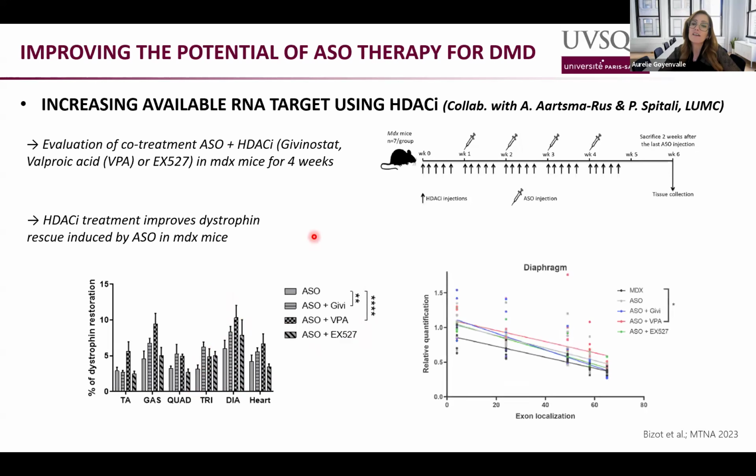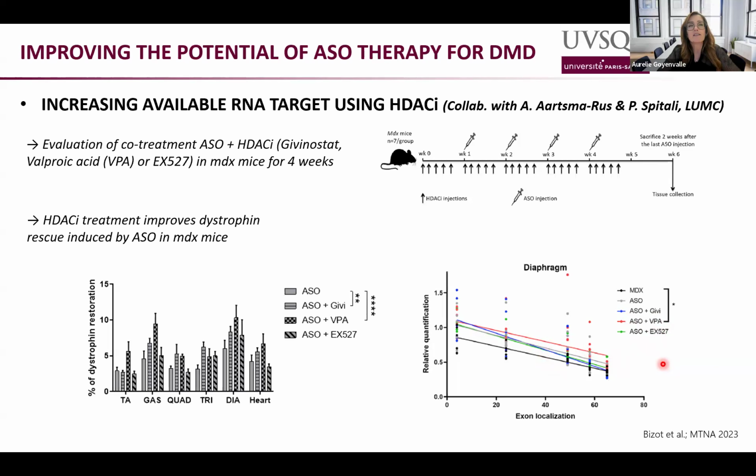And if we looked at the 5' 3' imbalance, we were able to see, for example, in this diaphragm, in red here is the curve of the level of transcript in the mice treated with ASO and valproic acid. Despite the slope being quite similar, so we haven't corrected the transcript imbalance, the levels are higher.